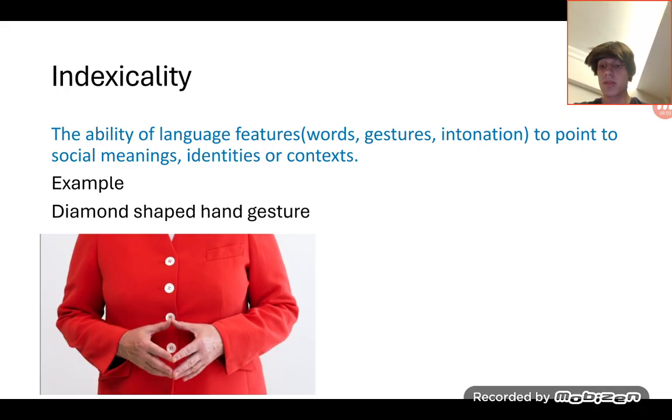In a neighborhood context, it means loyalty and friendship, so it has a good connotation. But in a school context, it signals gang affiliation, danger, or even crime. So as you can see, this simple gesture changes dramatically from one place to another.